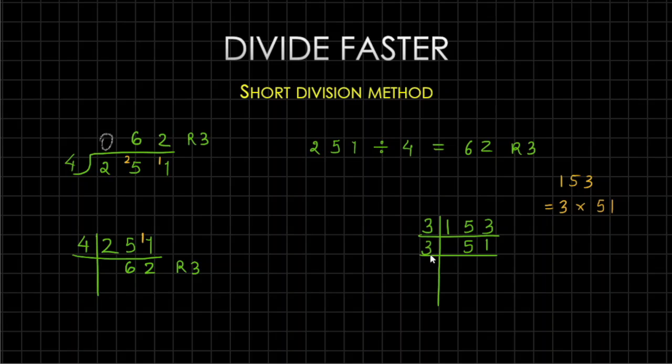Here again, I am using the same method. So 3 times how much goes into 5? I think 3 times 1 will go into 5. 3 times 1 is 3. I have to take away 3 from this 5. If I take away 3 from this 5, 2 is left. Now, the next number is 21. 3 times how much is 21? It is 7 times.